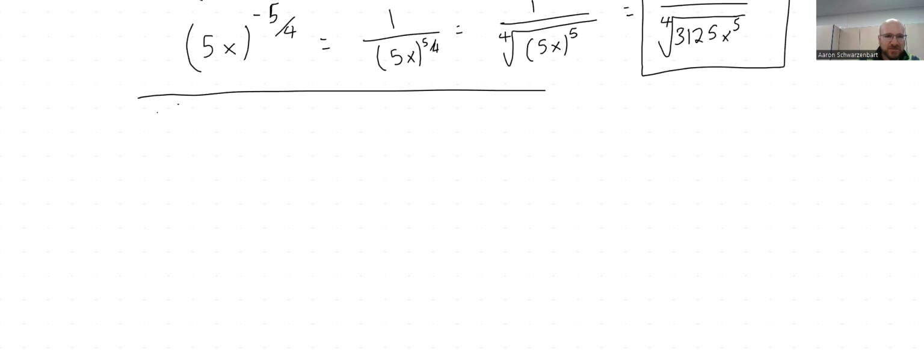Here's some new ones. That was a fractional one. Let's put it in, I'm going to start with a radical.